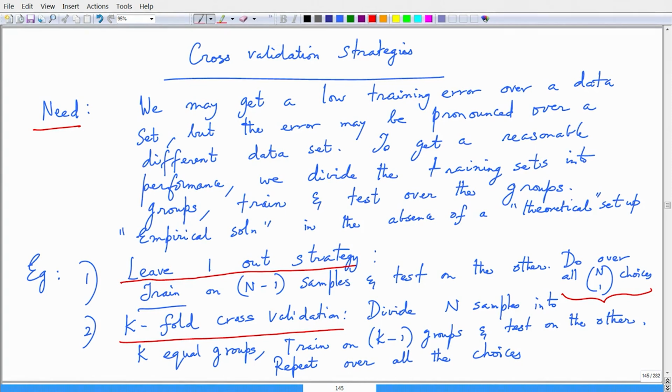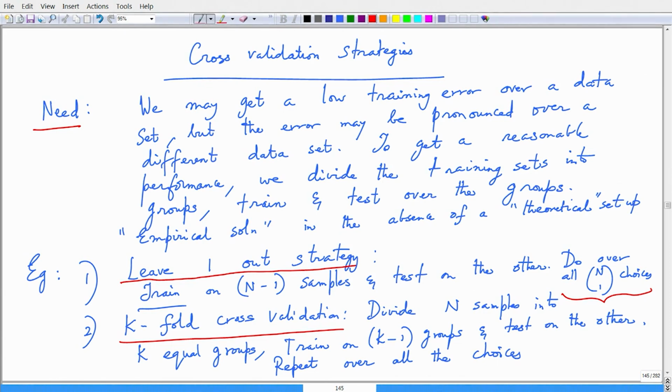So, therefore, it is at least in the order of n, the number of samples, but if you choose k out of these n samples and then test on n minus k, then n choose k can be quite large if n is large and also k being large, right. It becomes a combinatorially difficult problem to tackle.